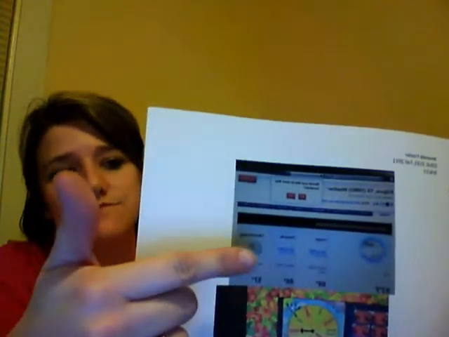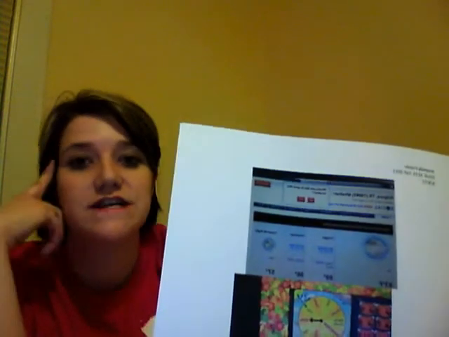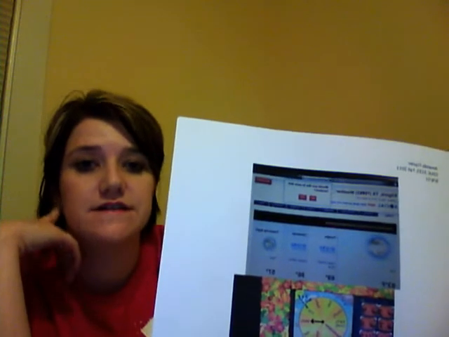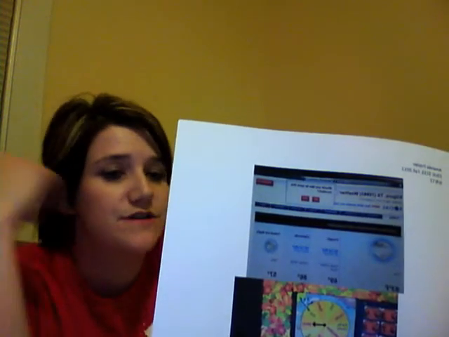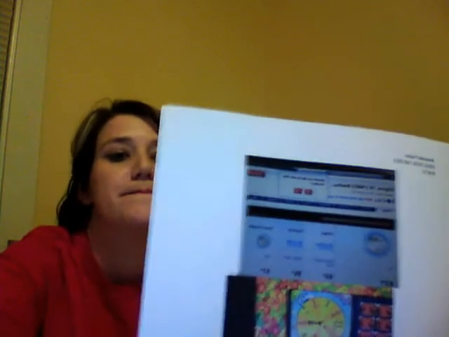And the next thing we would do would be identifying the weather and graphing the results. We would identify the weather by using the website weather.com. So that would be integrating technology into our daily routine. We would use it with a smartboard, with the class computer, just anything like that.